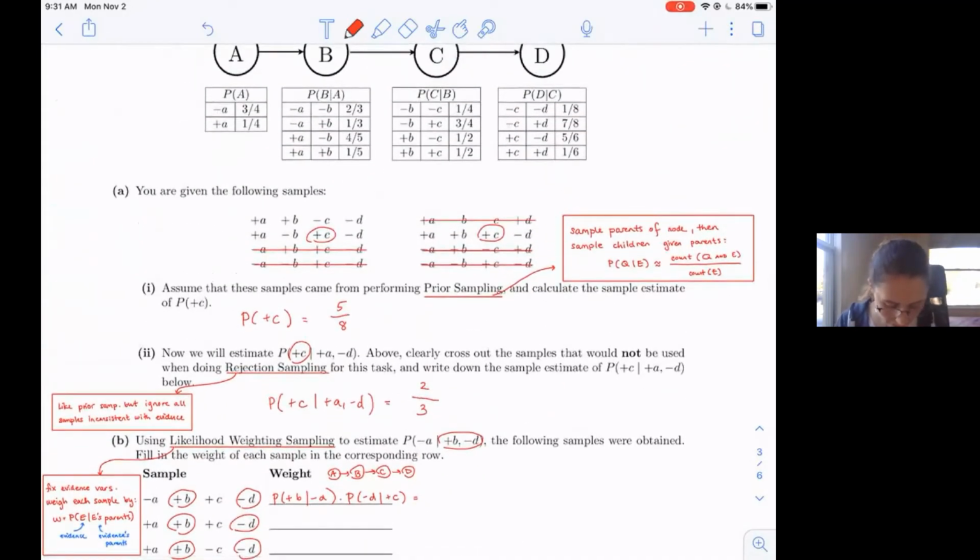So we're looking for plus B given minus A. Plus B is here and minus A is here. So we're going to write down 1/3 times, and then we're looking for minus D and plus C. So minus D and plus C is going to be 5/6.